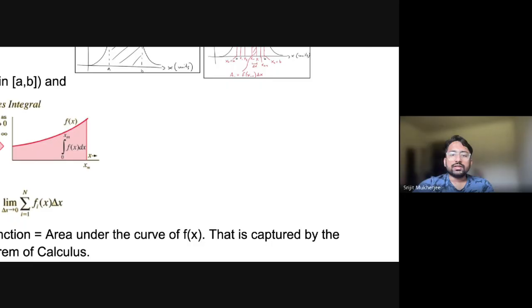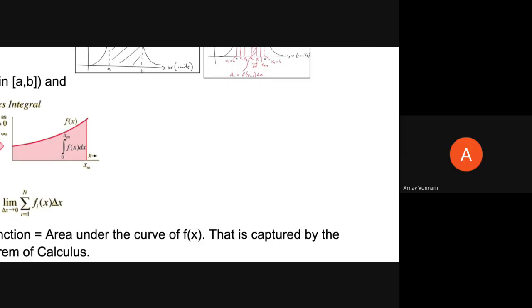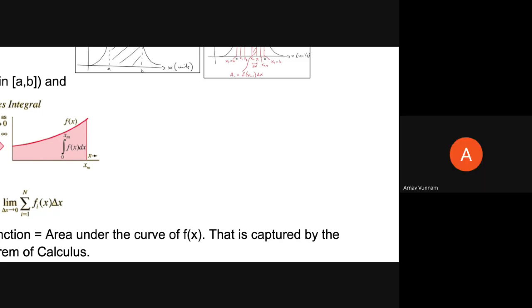Sir, I just noticed one thing. Can you post these notes? I can't find them on the WhatsApp group, the things you typed out. I have not typed these notes before, so I'm typing it today. I will share it with you today.